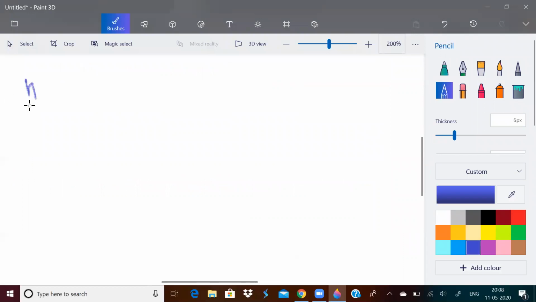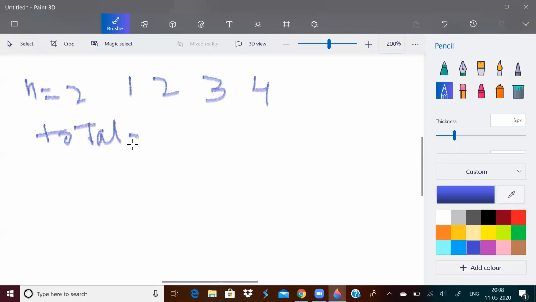Suppose n is equal to 2, we have 1, 2, 3, 4 candy bags, and every candy bag has these values correspondingly. So the total number of candies is equal to 1 plus 2 plus 3 plus 4, which is 10.